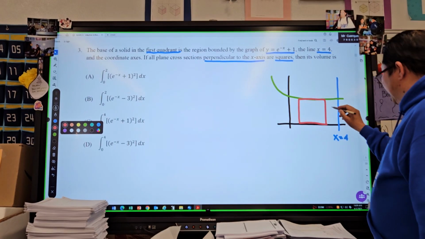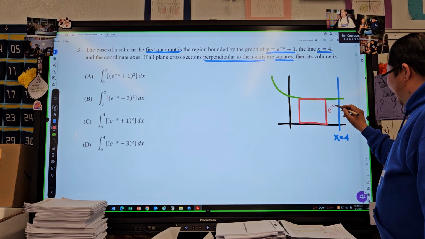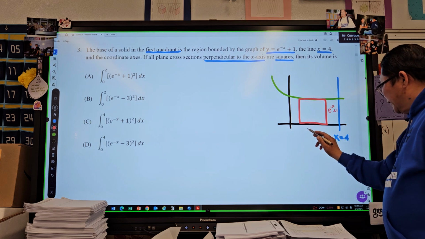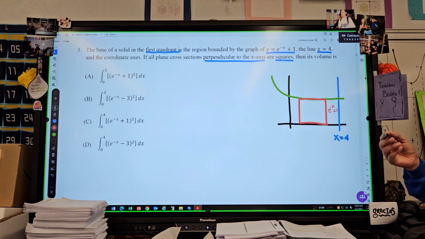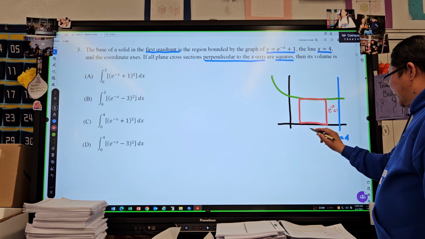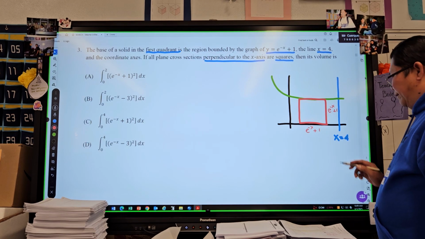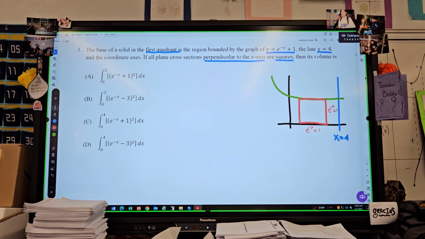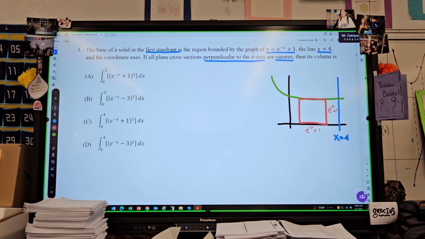How about this other side? Same thing, because it's a square, the sides are equal. So this side is also e to the power of negative x plus 1. So what is the area? This, then squared, right?